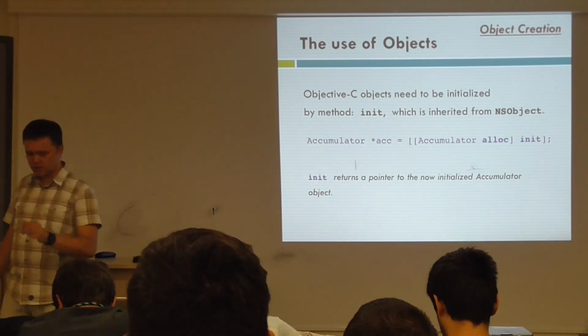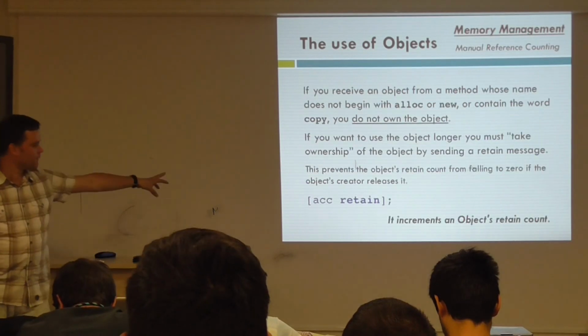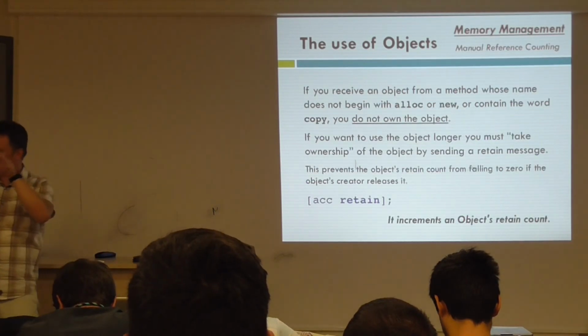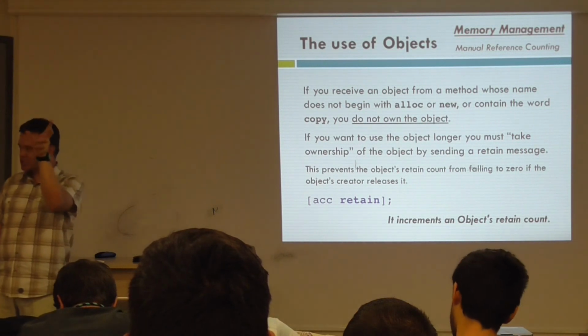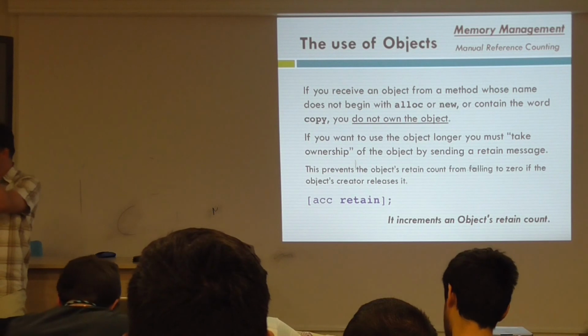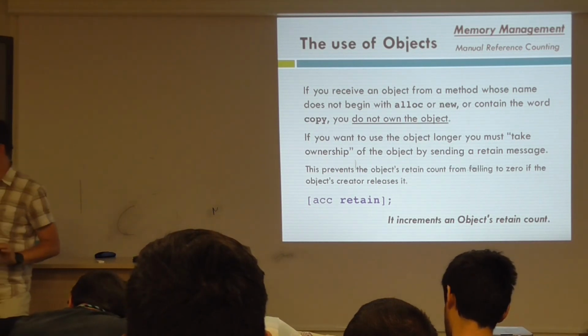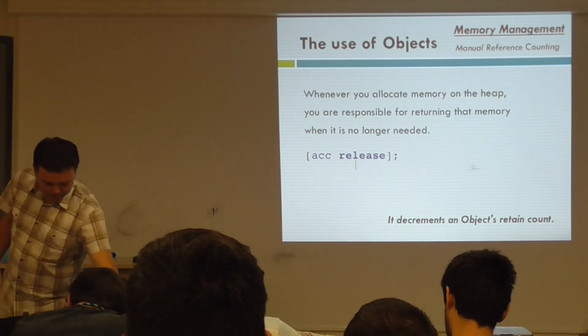To keep it, I should use retain, to tell the system that I still want to have an existing connection to this area and increase the number of connections to this area in memory.